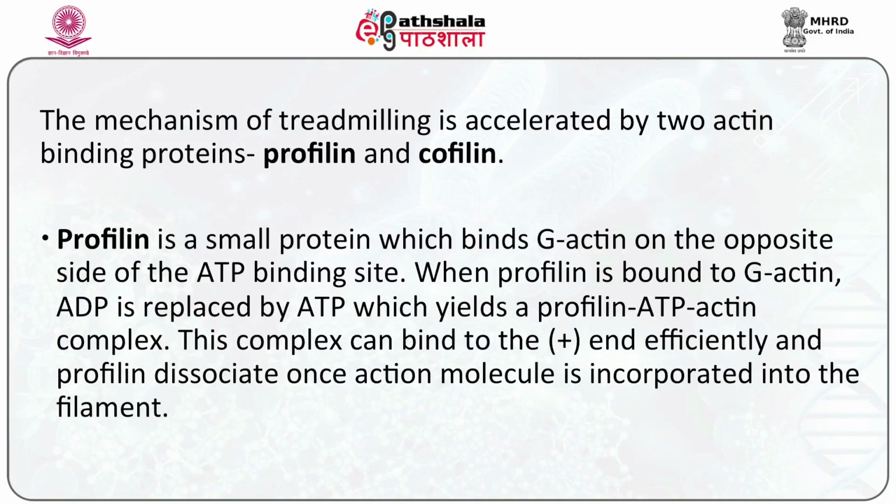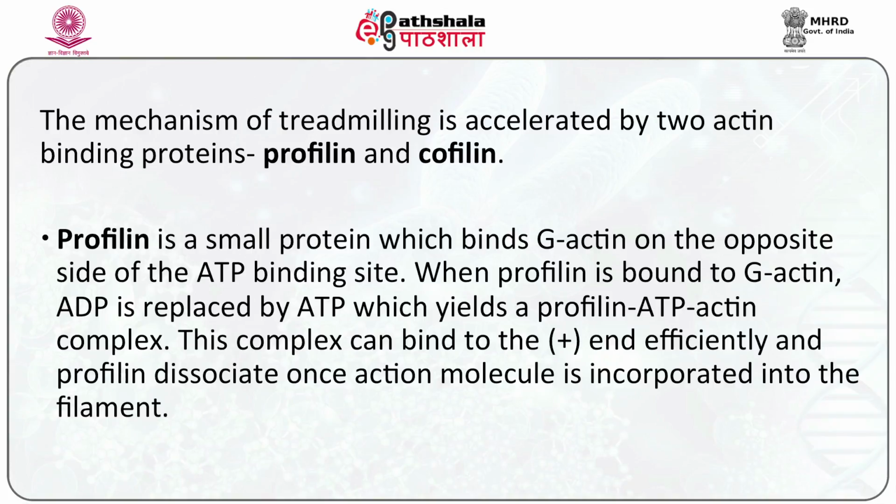The mechanism of treadmilling is accelerated by two actin binding proteins, profilin and cofilin. Profilin is a small protein which binds G-actin on the opposite side of the ATP binding site.